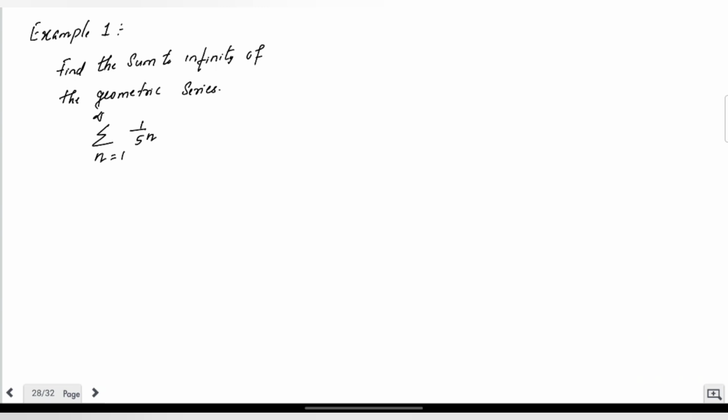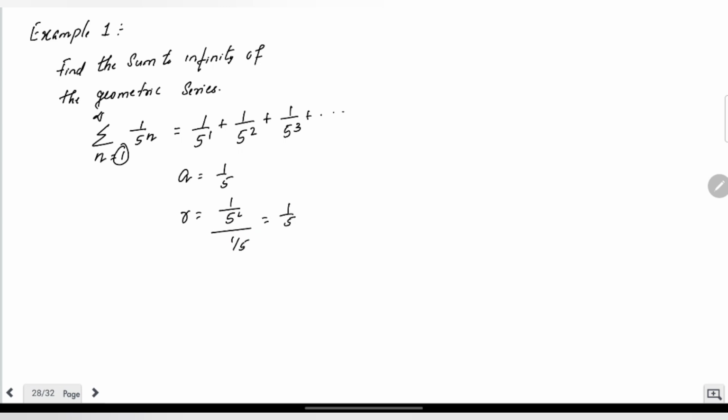What is the first term? 1 over 5 to the power 1, the first value of n is 1. The next term is 1 over 5 to the power 2. The next is 1 over 5 to the power 3. It's going to go like that. So a is 1 over 5. And what is the common ratio? The second term, 1 over 5 squared, divided by 1 over 5, gives you 1 over 5.